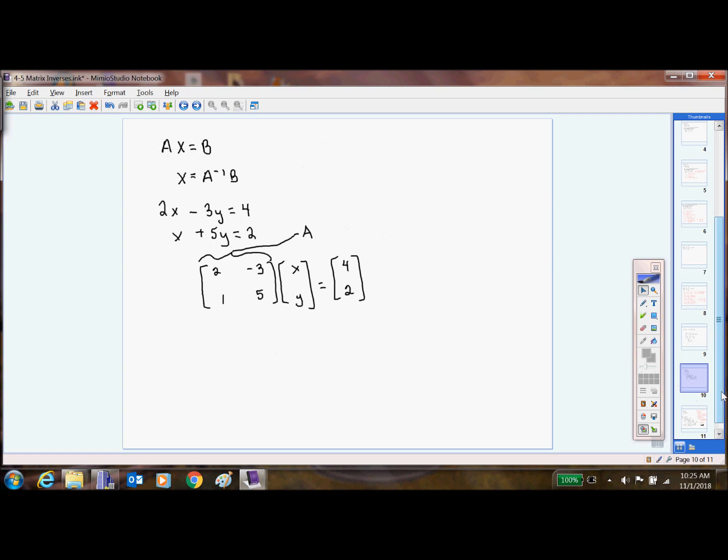So I told you we're going to use calculators. We're going to use that as far as what we use the inverses for. A way that we use the inverses is that, just like in a regular problem where you can do inverse operations to both sides of an equation in order to solve it, if we were to write this equation out like this, 2, -3, 1, 5, there's a matrix with the coefficients of the variables in this system.